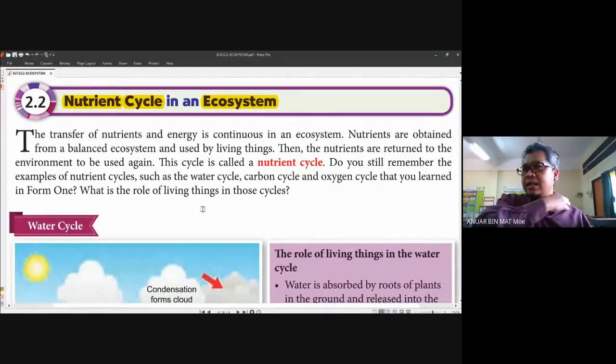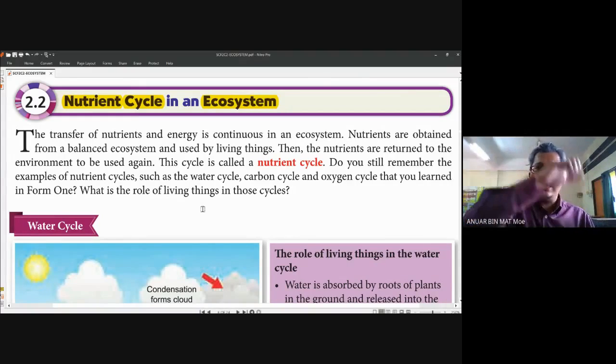And then like I said earlier, when all the producers and all the consumers die, they will be decomposed by the bacteria, and all the nutrients inside the dead organism will be absorbed back to the soil. And then from the soil, the nutrients from the decomposed body of animal and plant will be absorbed back to the plant.